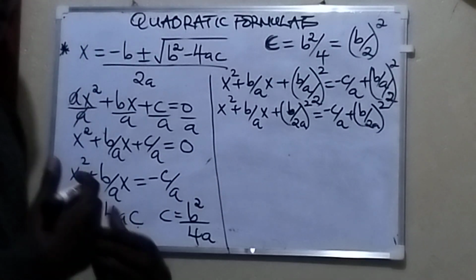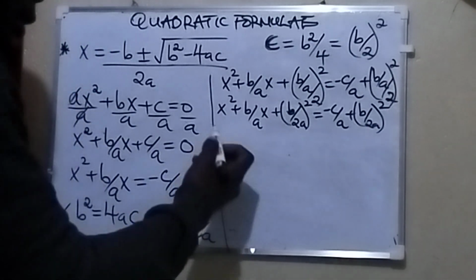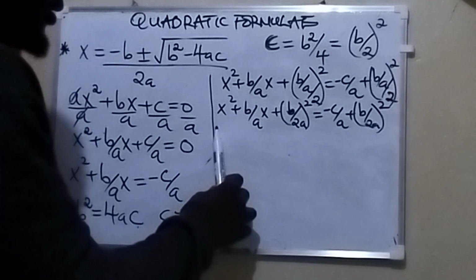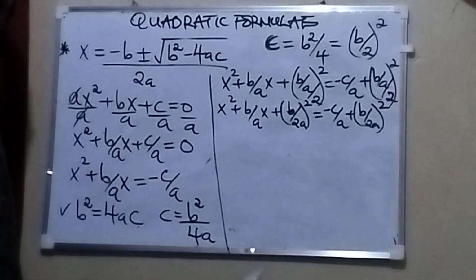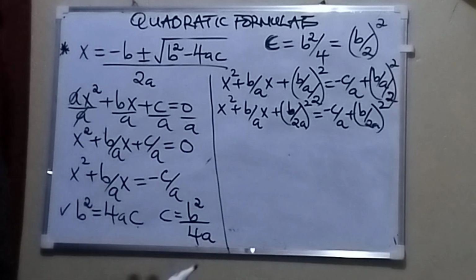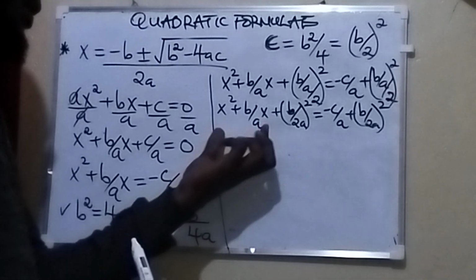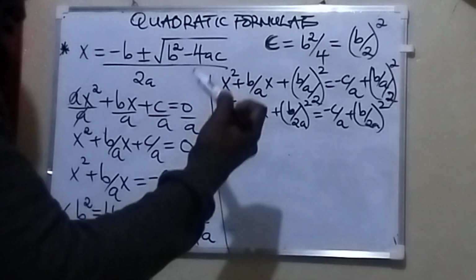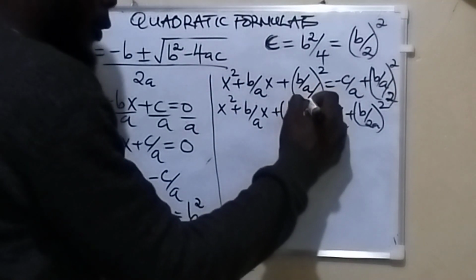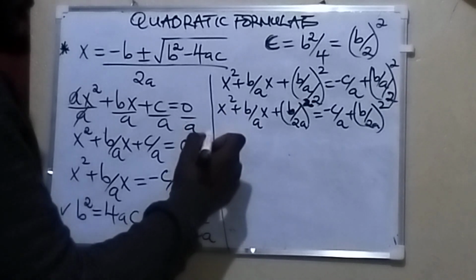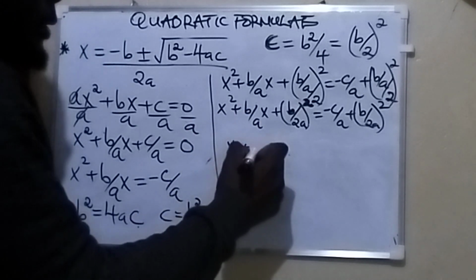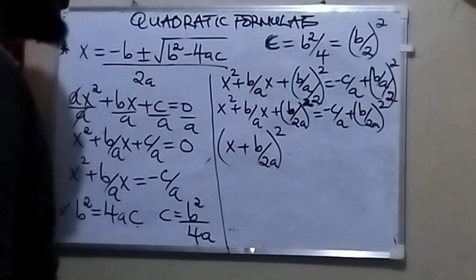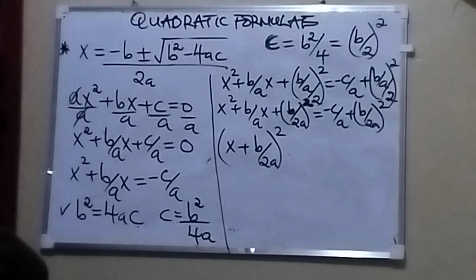So this side we have a quadratic expression, and you can use the method of factorization. Our final product, you all know very well. It will be x plus b over 2a in brackets squared.